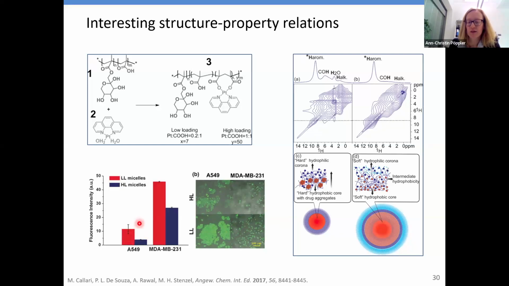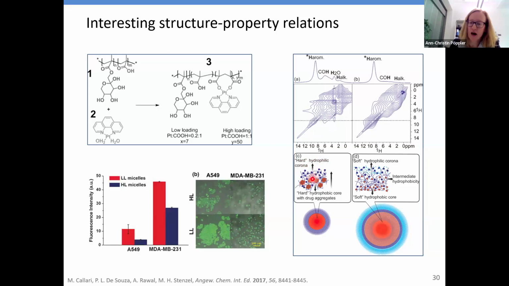And she found that a lower loading resulted in a beneficial uptake compared to a higher loading. And she used solid state NMR, among other techniques, for example, scattering techniques, to derive a structural model that you see here in the bottom, where she made a hypothesis based on the data that in case of the high loading, we have a hard corona, which is not so well hydrated.